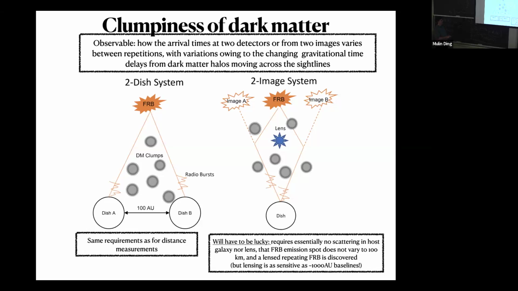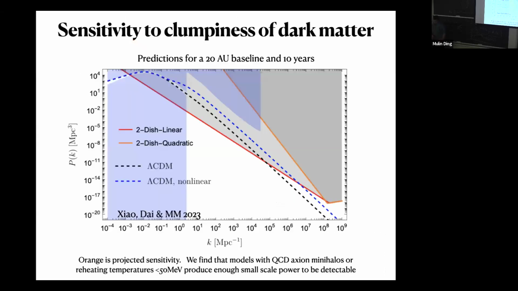So we think that unfortunately we might not be lucky enough to have this configuration. But these are some forecasts for how well we think we could constrain dark matter with 20 AU baselines.